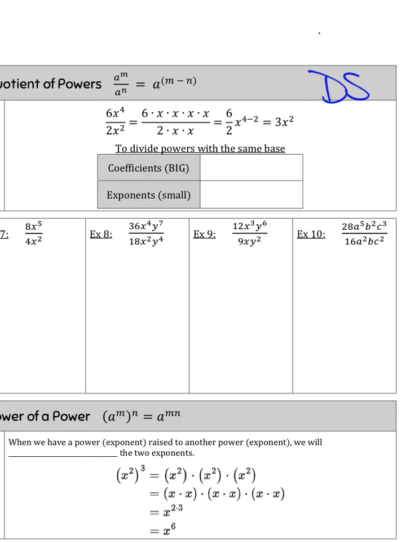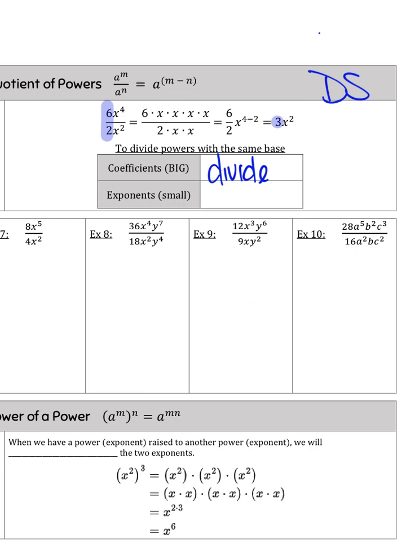In the example, we have 6x to the fourth divided by 2x to the second. So my regular numbers, or my coefficients, are 6 divided by 2. And we're going to treat those like regular numbers, and we're going to divide them. So 6 divided by 2 is 3. And then we're going to go over to our variables.